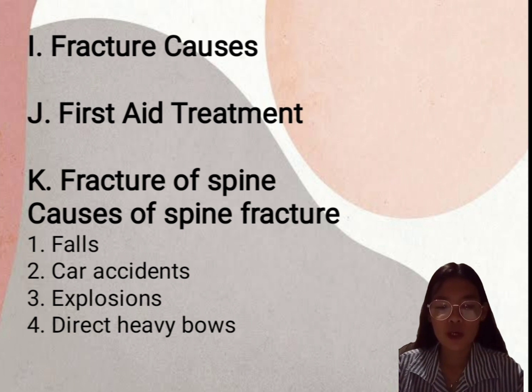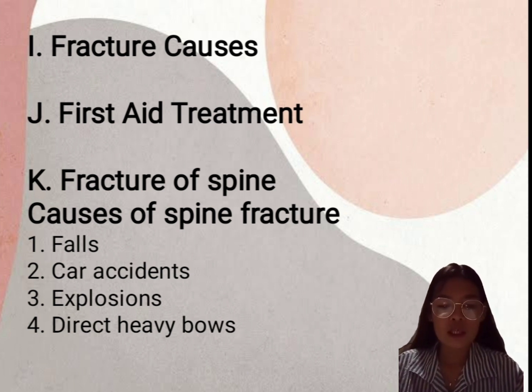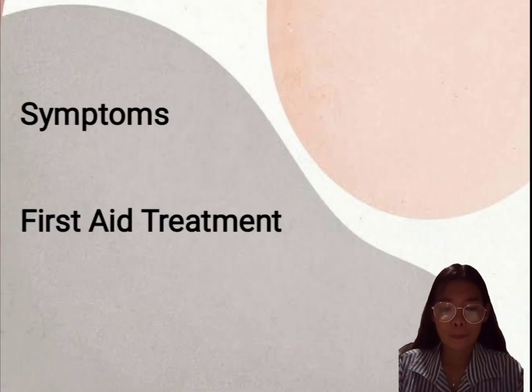Spinal cord or the large nerve cord injury is sometimes present as a result of accident or improper handling. So what are the causes of this? First is falls, even when landing on feet or buttocks. Car accidents, driving accidents, explosions, direct heavy blows, crushing accidents.